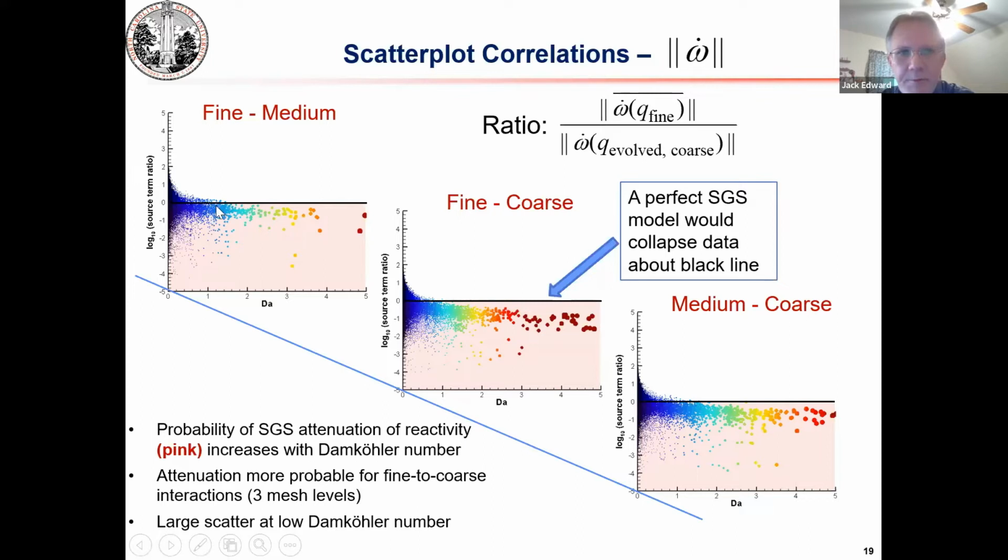If you had a perfect subgrid model, you would collapse around this black line. But when you don't have that, you see some deviations. And what we quantify from this kind of scatter plot is that essentially your laminar chemistry evolution is over-predicting reactivity. Okay, so the SGS effects effectively are attenuating reactivity, especially at higher Damköhler number. And it's more pronounced, obviously, as you go to the coarser grids. So you see this large scatter too, which is again something to talk about later.